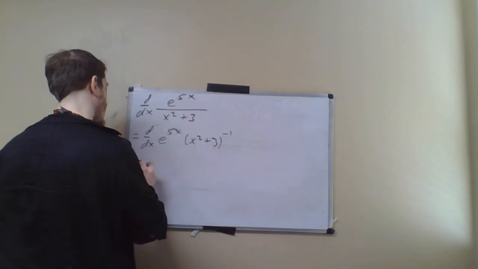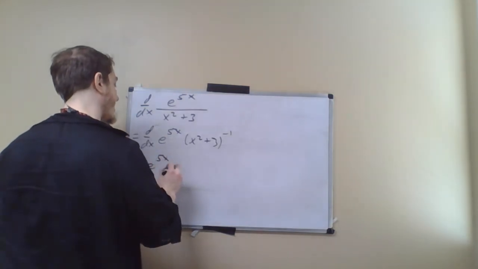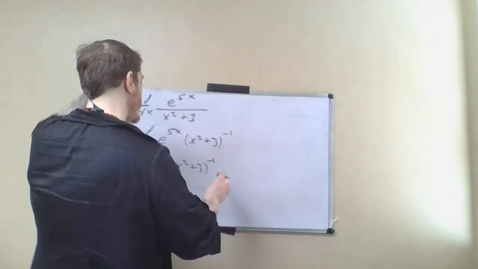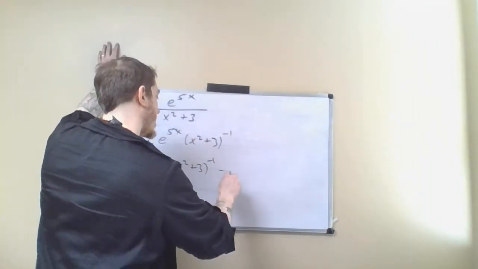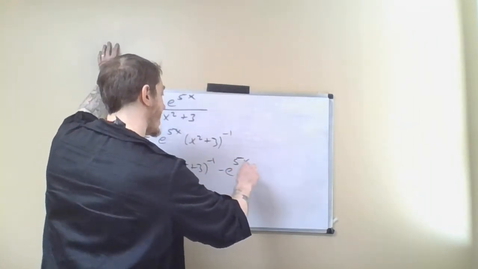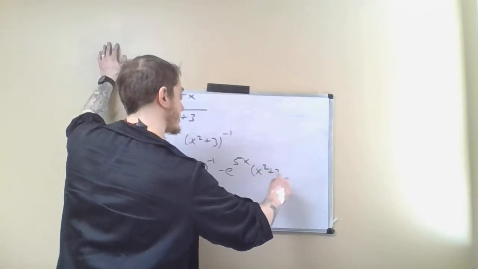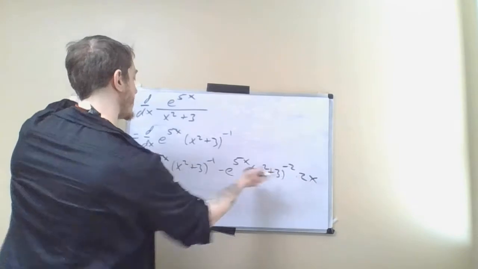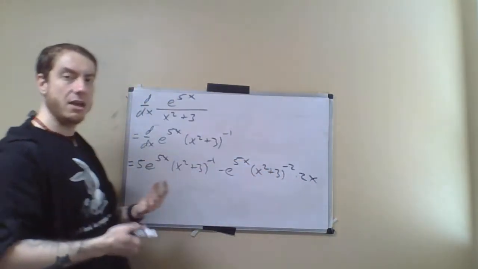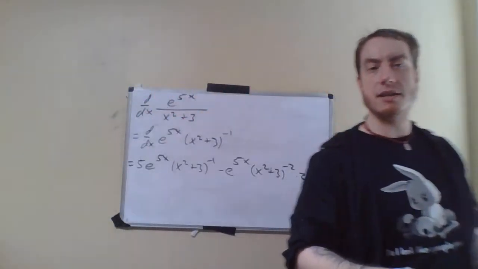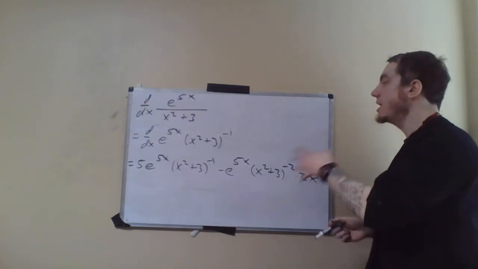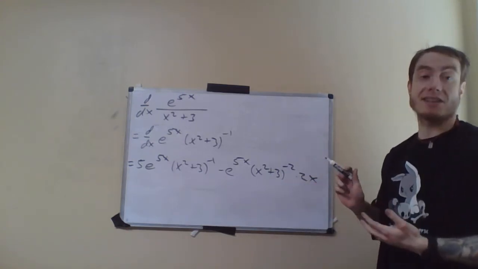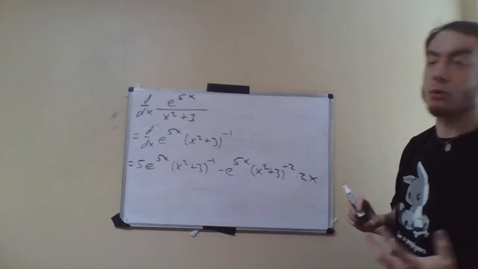Then this is going to become 5e to the 5x times x squared plus 3 to the minus 1 minus e to the 5x times x squared plus 3 to the minus 2 times 2x. And then, of course, we can simplify this out a bit. Now, it's not necessarily immediately obvious that these are equal, but combine them, write them with a common denominator, and you will get the same thing as we got using the quotient rule.